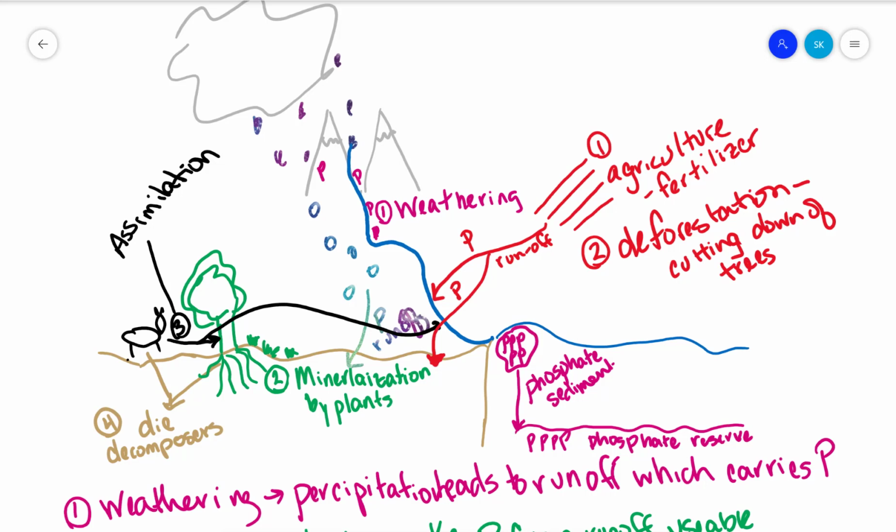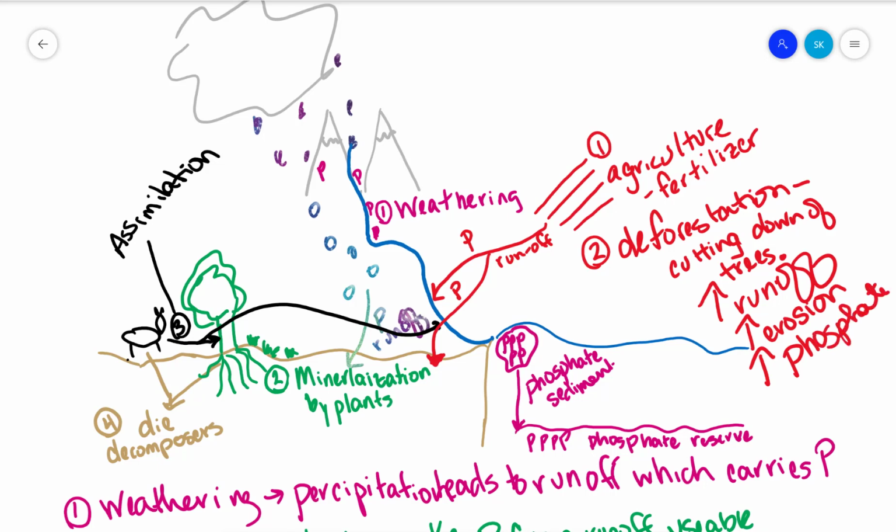All right, so when we cut down trees, so trees and grass and any kind of vegetation hold soil to the ground because they have these roots that attach to the soil. Without trees, this is going to greatly increase runoff, which increases erosion, which increases phosphorus in the water and in the soil.